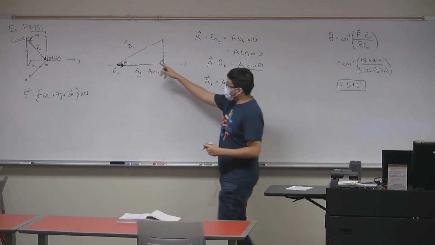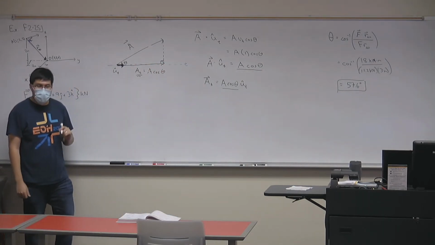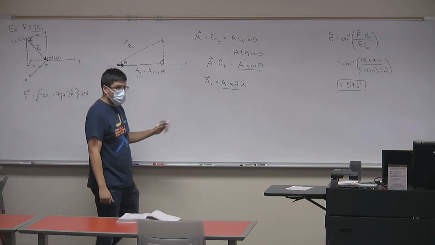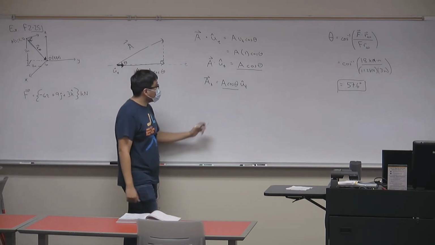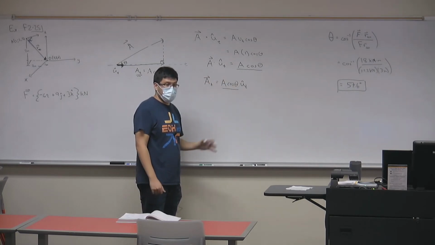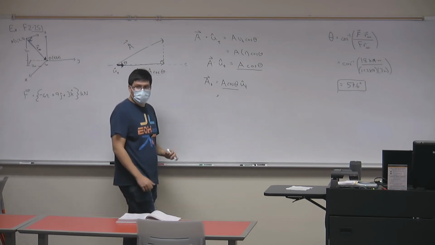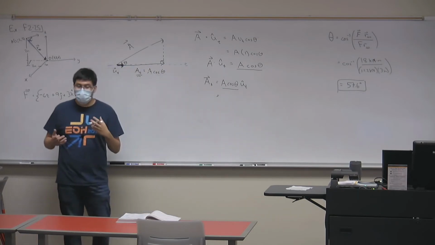If I give you a vector A, and I give you any arbitrary axis t, and I say find the projection of A parallel to t, all you have to do is take the dot product of A and a unit vector, and then multiply it by the unit vector, and that's your projection. There are different ways for me to write this equation, right? And you're going to use whichever one works best for you.